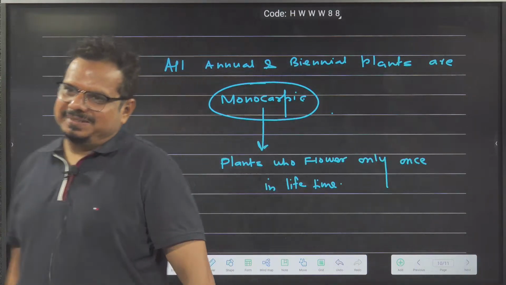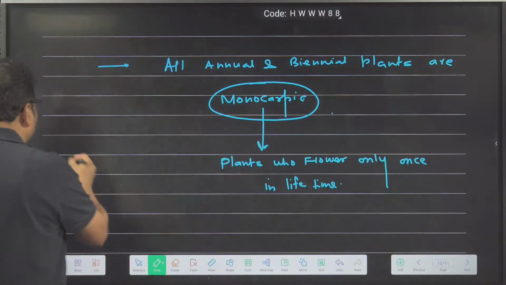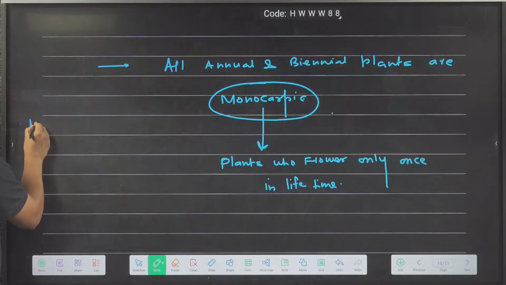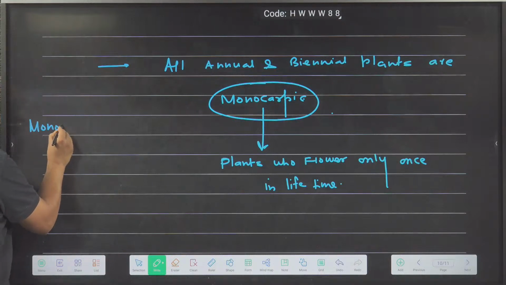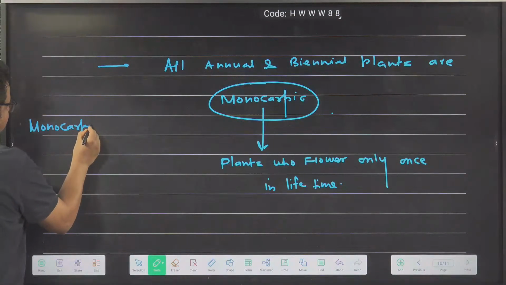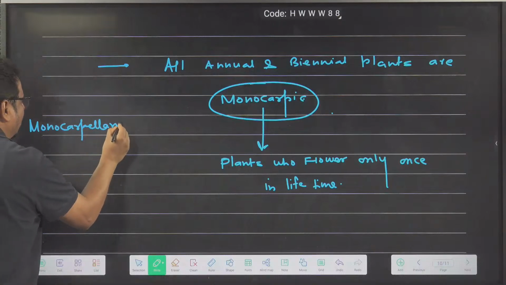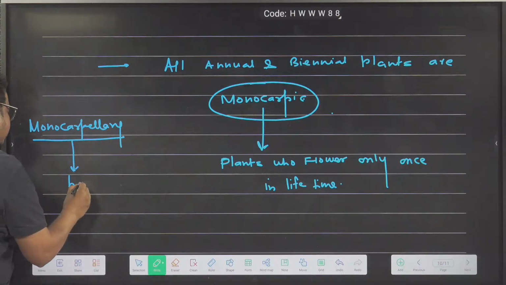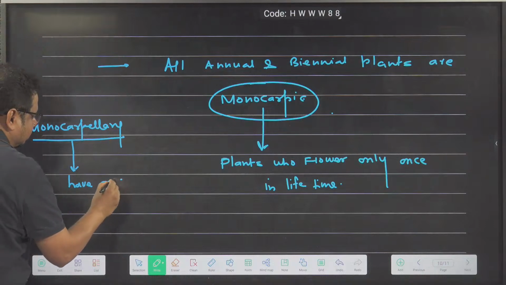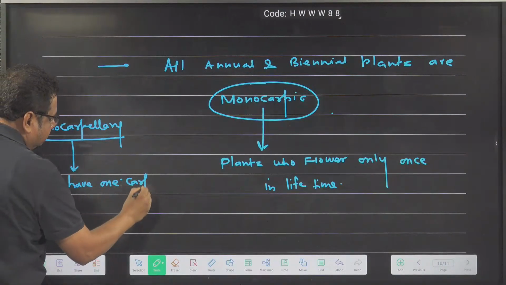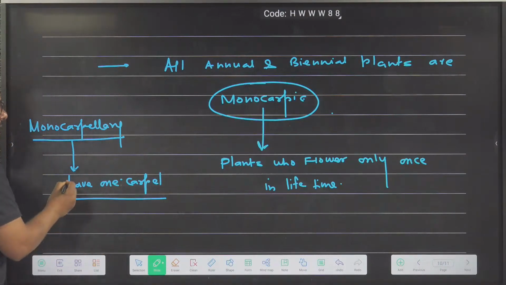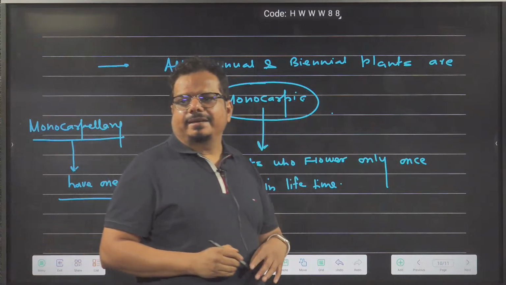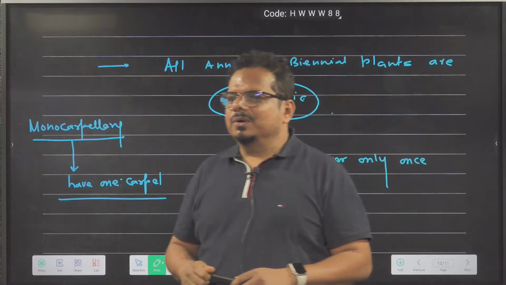You people confuse it with a terminology called monocarpellary. Now are you able to realize it? Monocarpellary means having one carpel. When this question came in a test as a statement, you people got confused sometimes, or not?